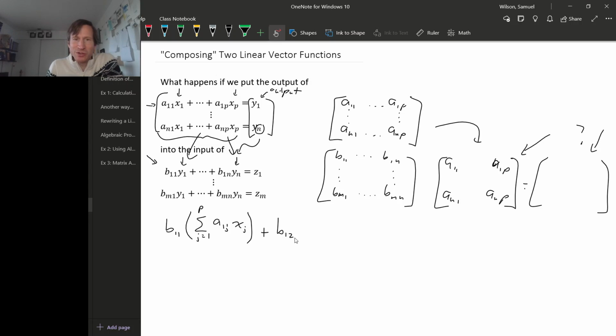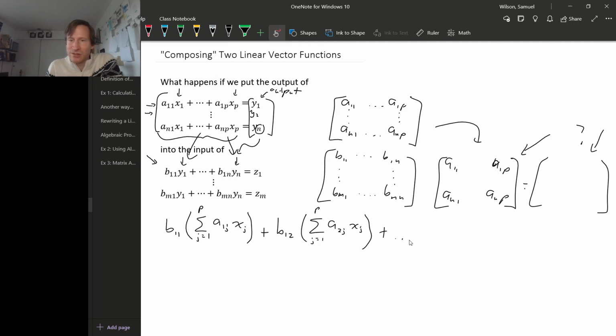B12 times Y2, but remember there's an equation here where Y2 is the result, and that's the sum from j equals 1 to p of A2j xj, right? So the subscript on this A says we're on row number 2, but row number 2 is the row that produces y2 as its output.